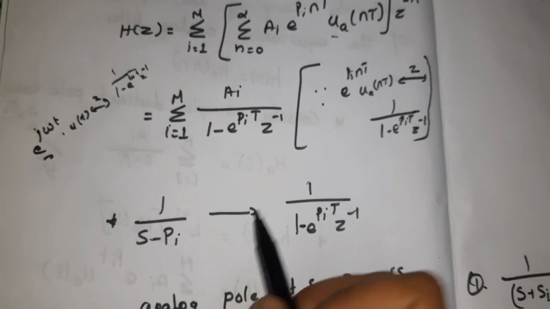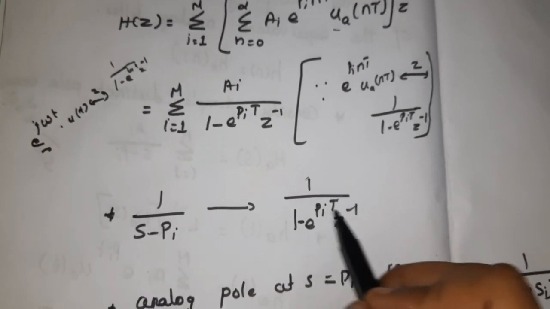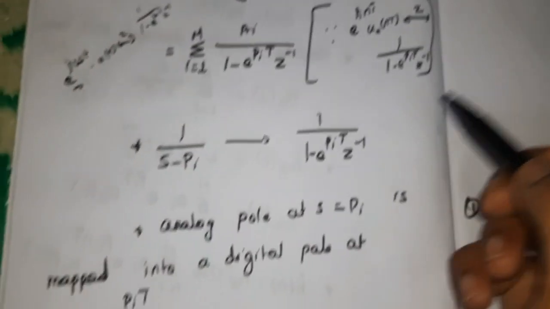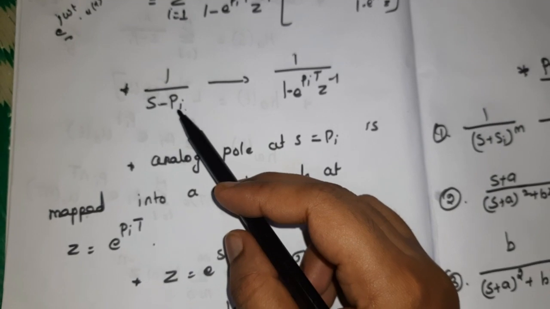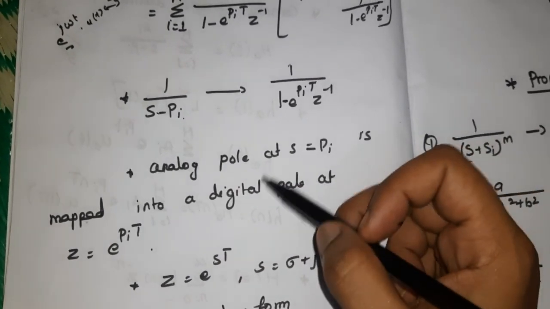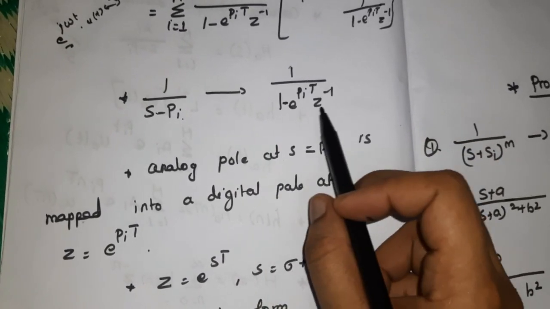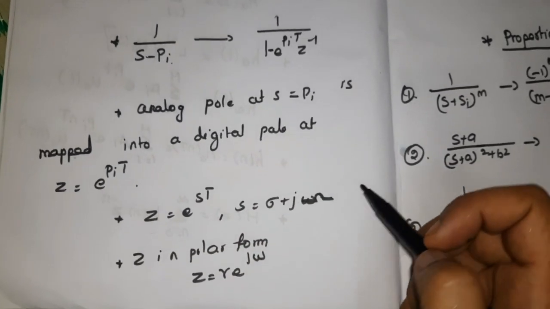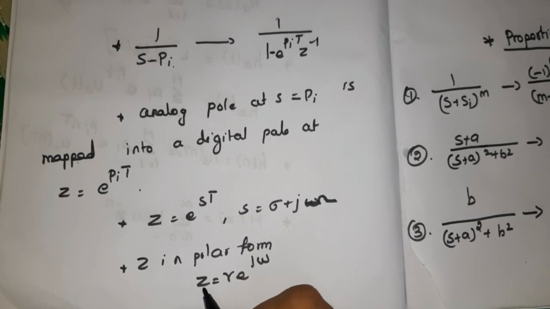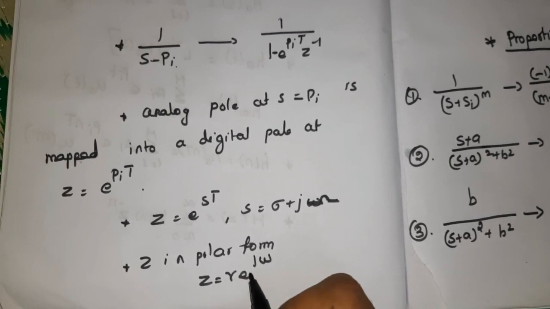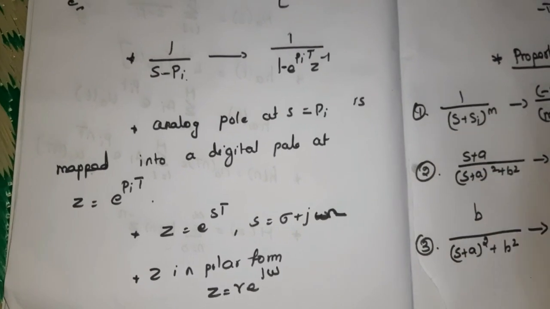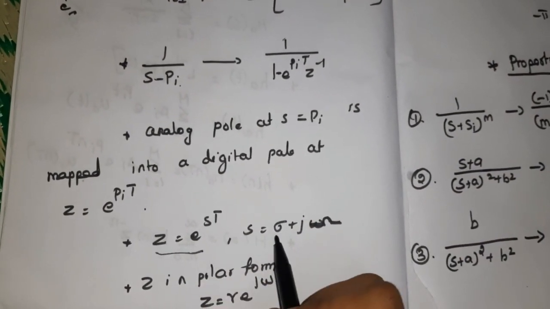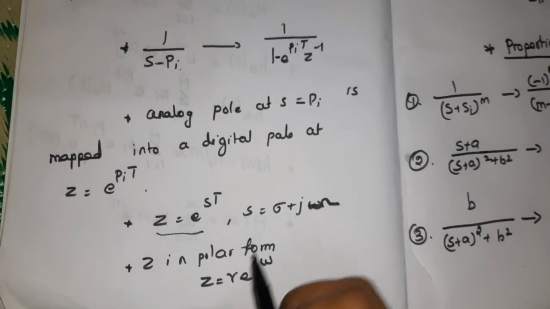Now we can map the single pole analog into digital as 1 divided by s minus p_i, which is equal in the z transform to 1 divided by 1 minus e power p_i T z power minus 1. So now this analog pole, that is s is equal to p_i, is mapped into the digital filter at z is equal to e power p_i T. So we consider z in polar form, that is z is equal to r into e power j omega, and also z is equal to e power sT, where s is equal to sigma plus j omega.